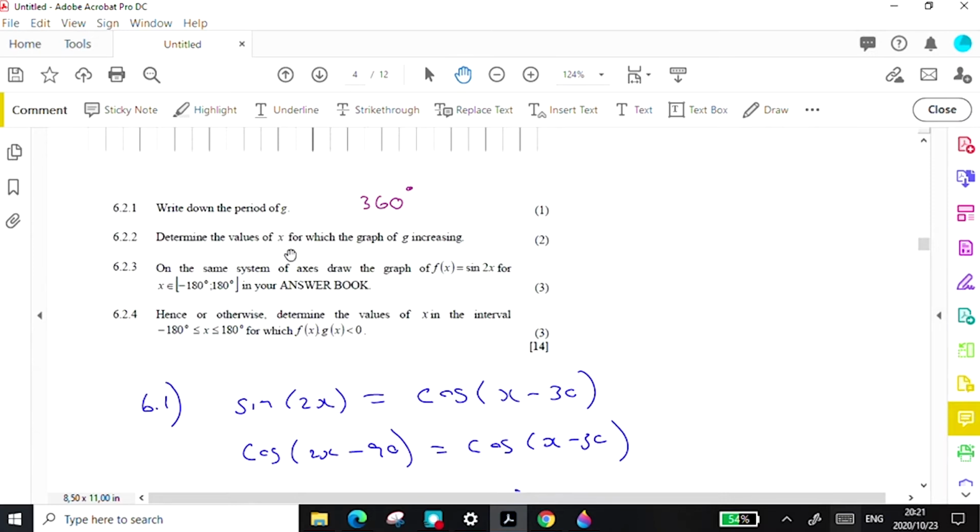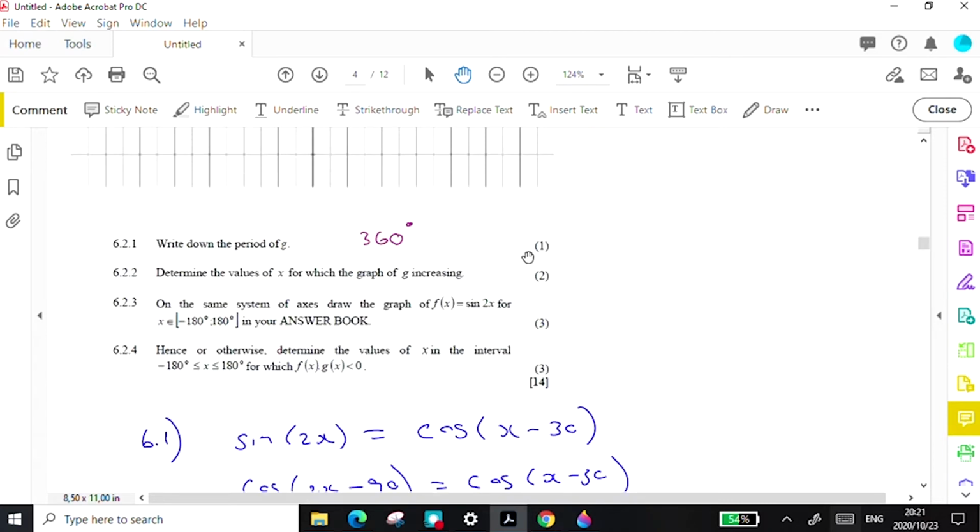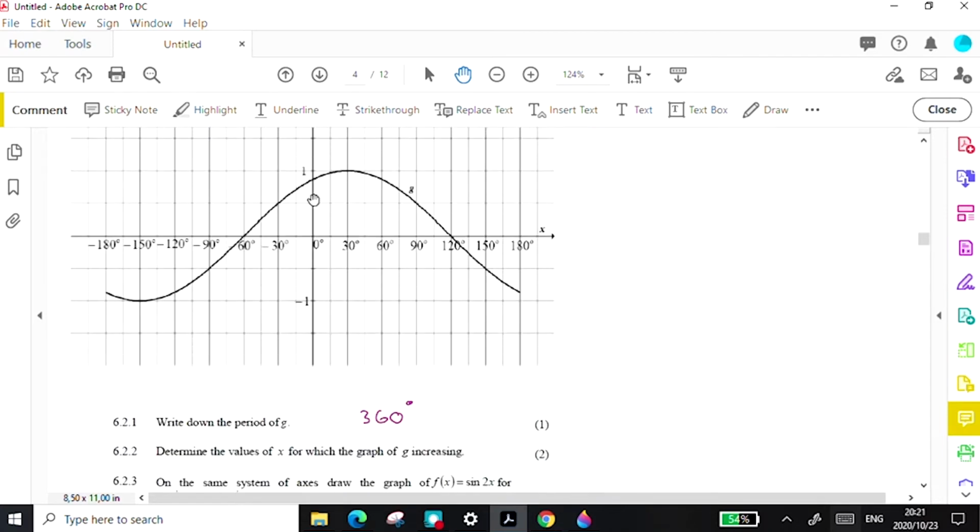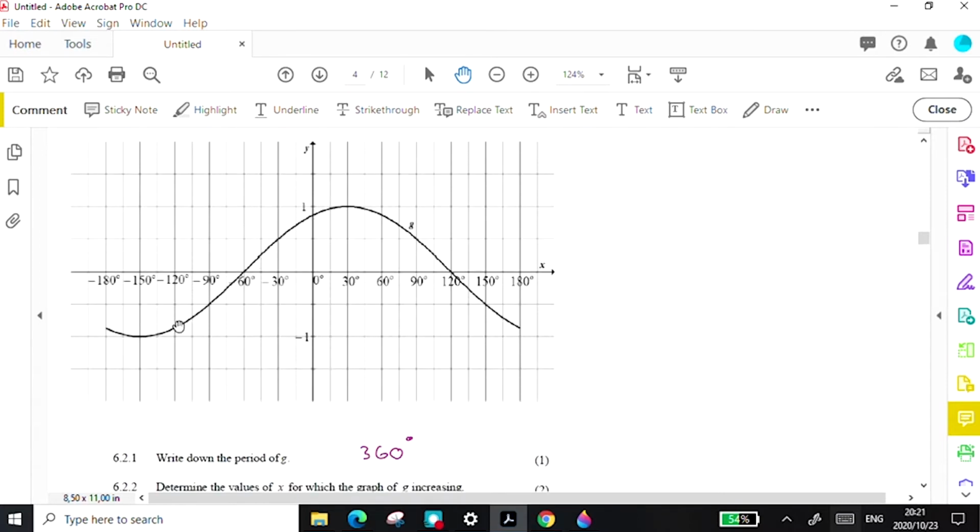Determine the values of x for which the graph of g is increasing. Clearly, the graph is increasing in this interval and decreasing in this interval. It is increasing in this interval and decreasing in this interval.